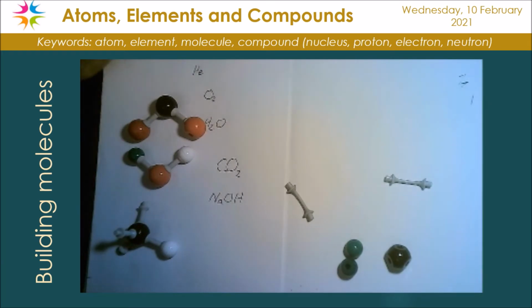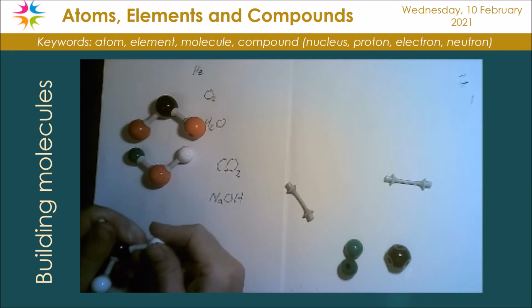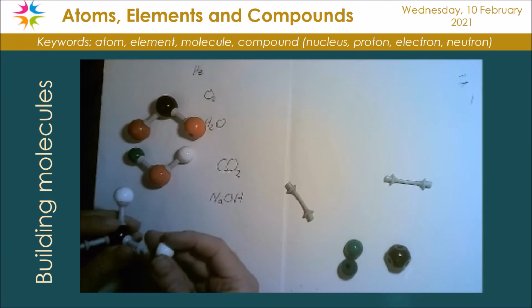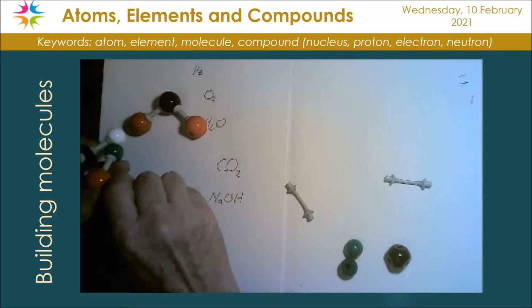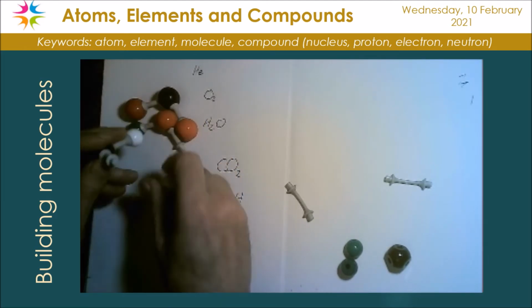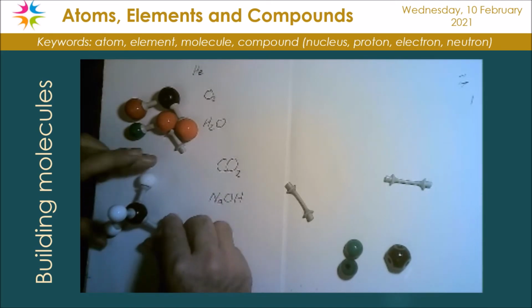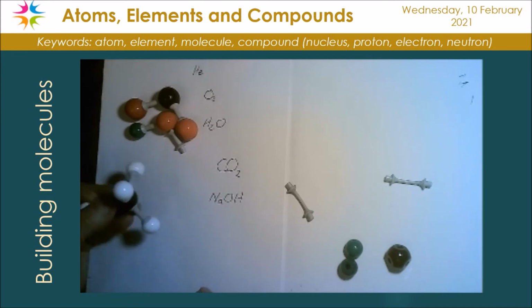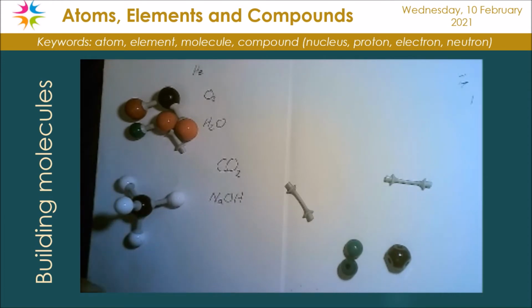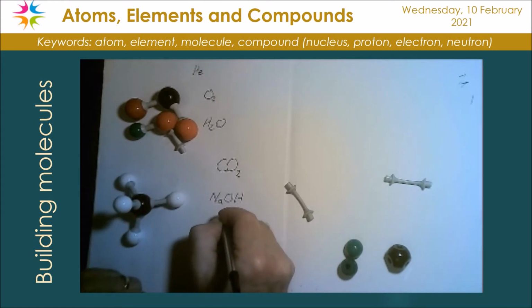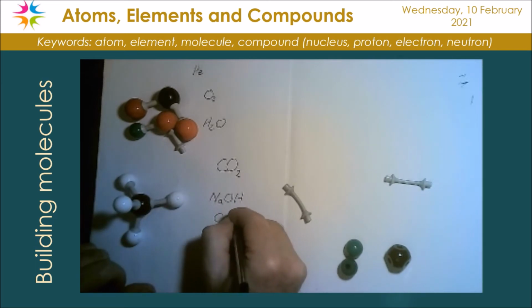So methane has 1 hydrogen on the end of these little connectors. So it's got 1 carbon atom, and eventually it's going to have 4 hydrogens. You can see it's a nice regular shape. So that is methane. Got 1 carbon and 4 hydrogens.